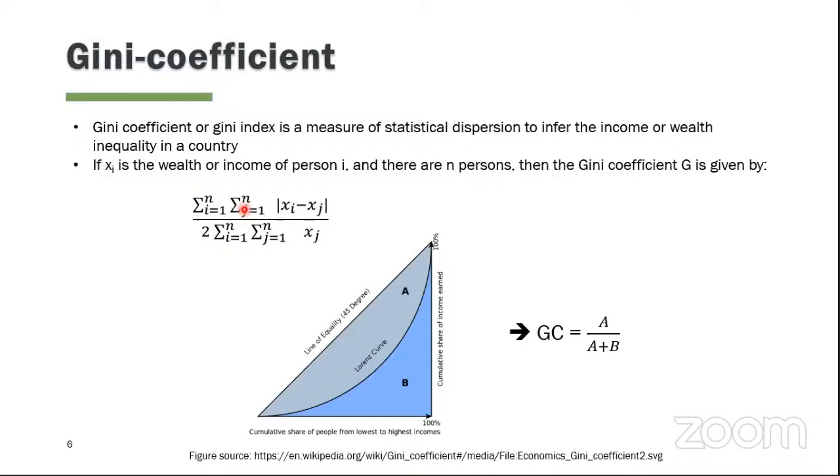There will be a comparison between each and every person's income, how much inequality there is between them, and finally we get an index which lies between 0 and 1. If the Gini coefficient is 0, we have equal distribution of income among all the people in that particular country, and if it is 1, only one person has the whole wealth in that country. This is the nice expression which I have of the Gini coefficient from Wikipedia.